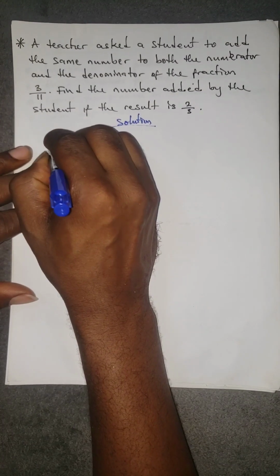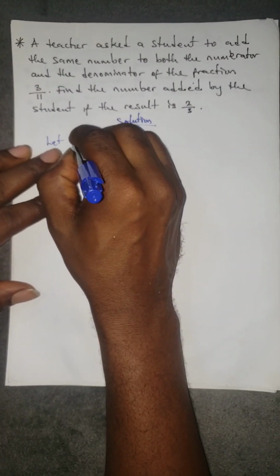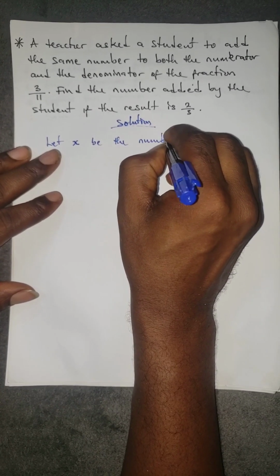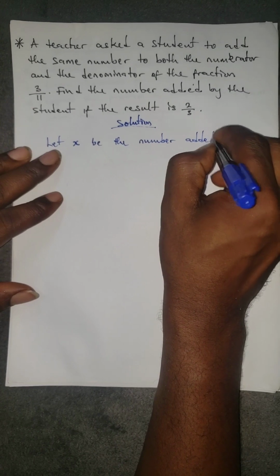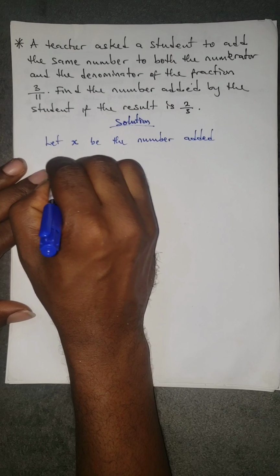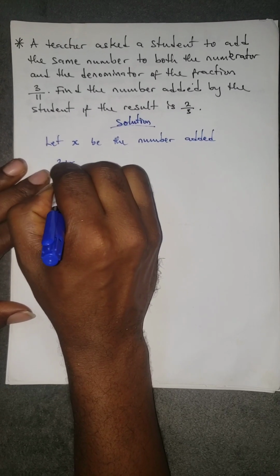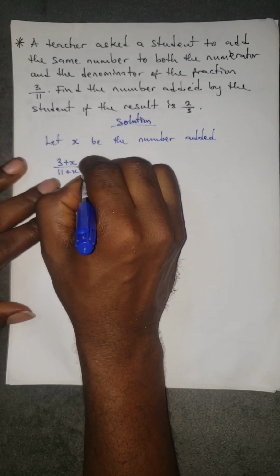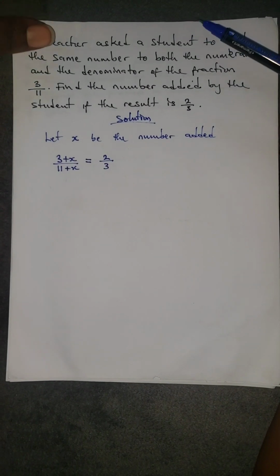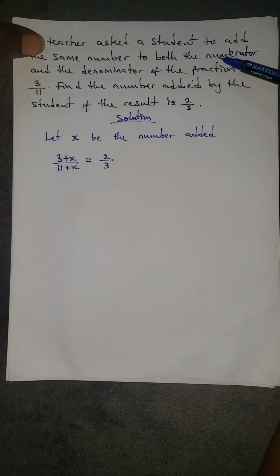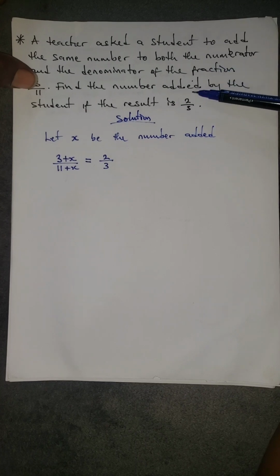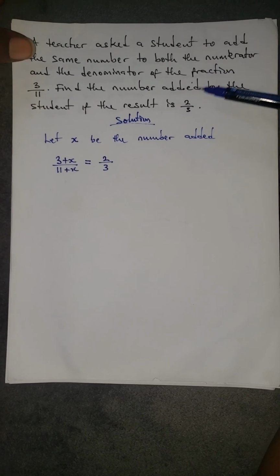So the same way, we define our variable. Let x be the number added. If x is the number added, it simply means that 3 plus x over 11 plus x is going to give us 2 over 3. Why? Because they said when you add a certain number to the numerator and add a certain number to the denominator, what you are going to have is 2 over 3.